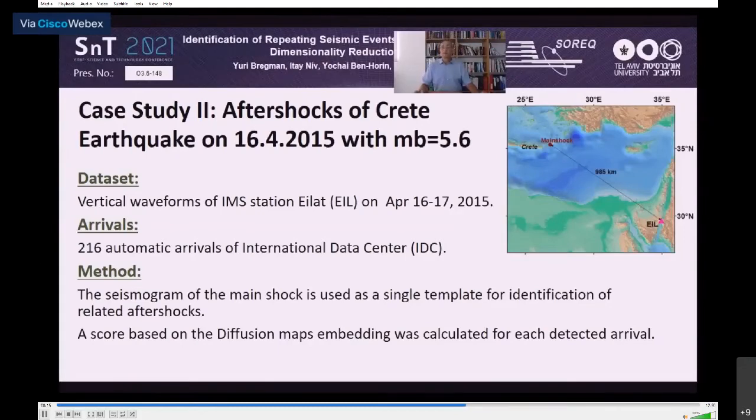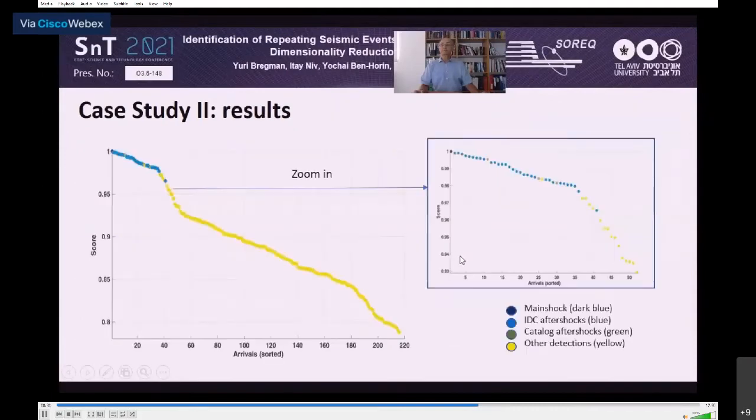Again, the main shock is used as a single template for identification of related aftershocks. The score based on the diffusion maps embedding was calculated for each such detected arrival.